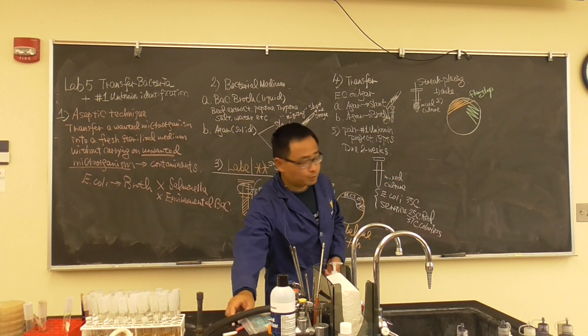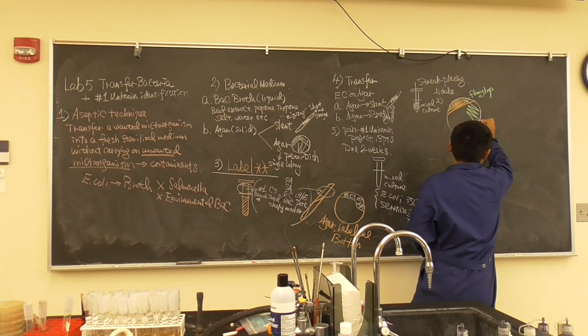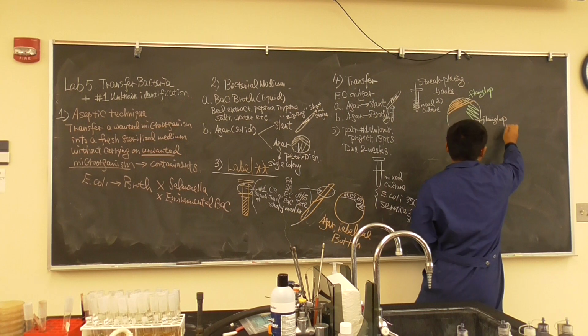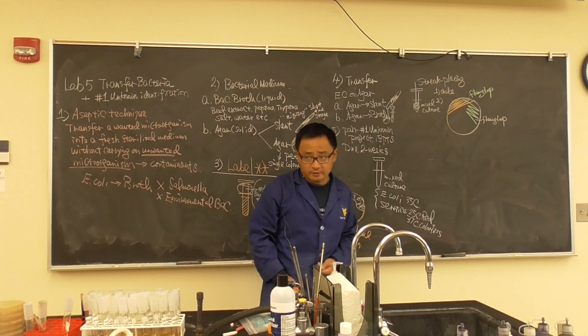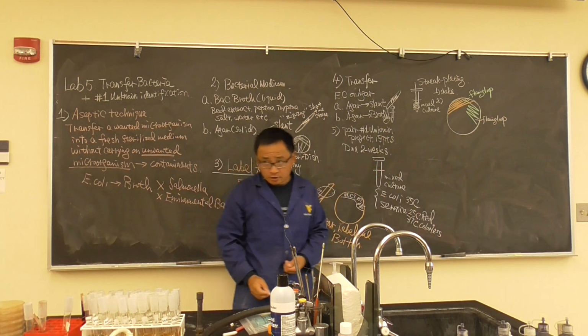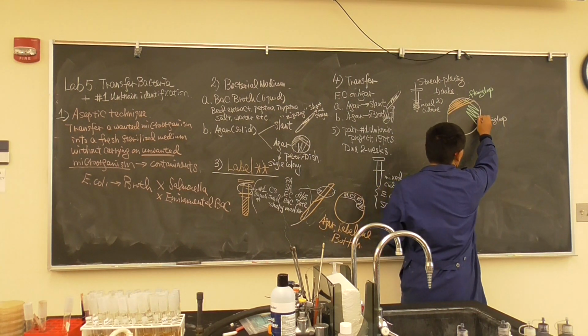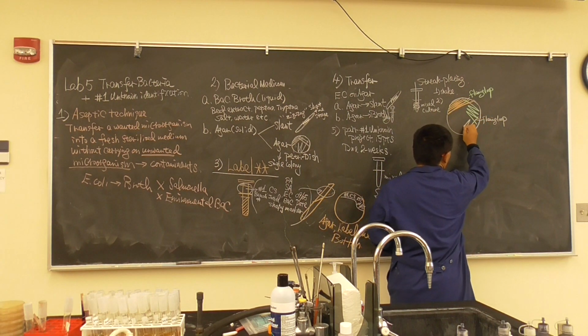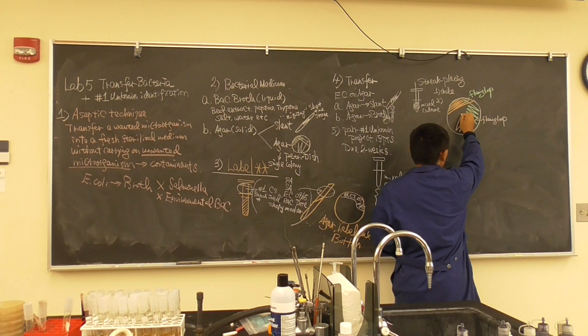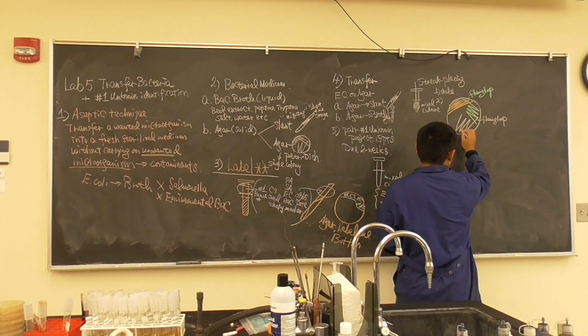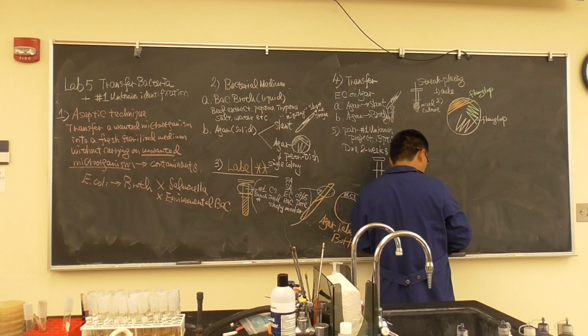Then flame your loop again. Make sure you flame the loop, not the agar. Don't put the agar on the Bunsen burner, it's going to melt it. Right here, you are much less intensive. Right this corner, you flame it again.